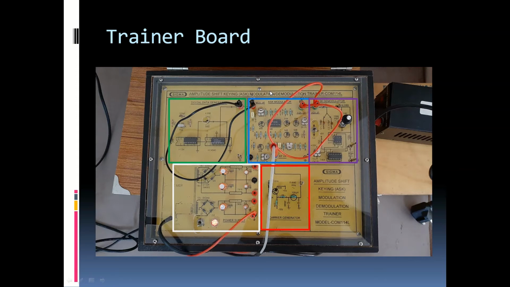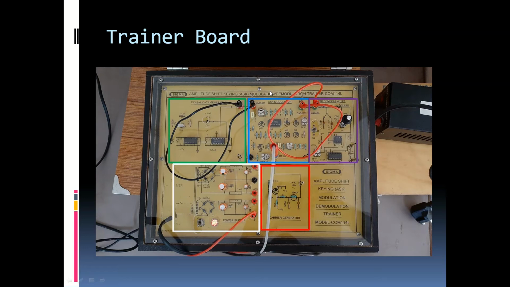The ASK demodulator has an envelope detector or a peak detector circuit. To adjust the RC time constant for proper demodulation, there is a potentiometer provided over here, and also there is a provision to select one of these two capacitors.